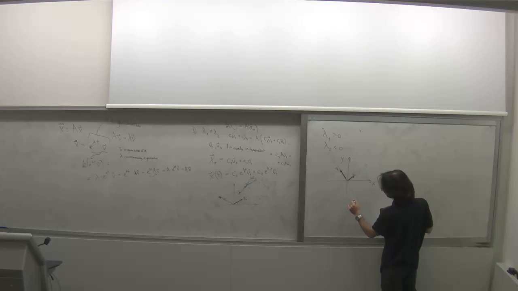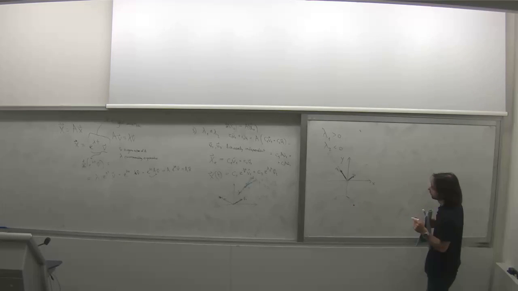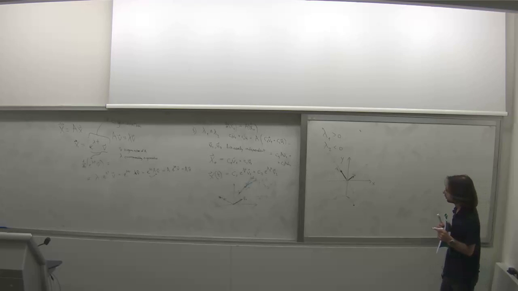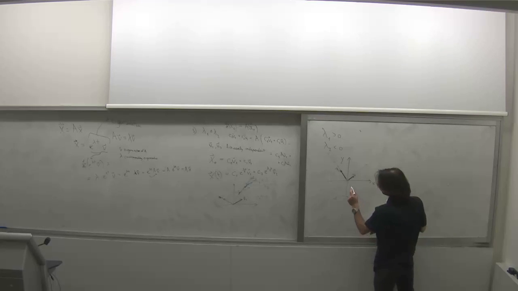So it will go over there, but it will increase its V1 component according to lambda 1. And similarly here, this has a V2 component, right? It has a V2 and a V1 component.